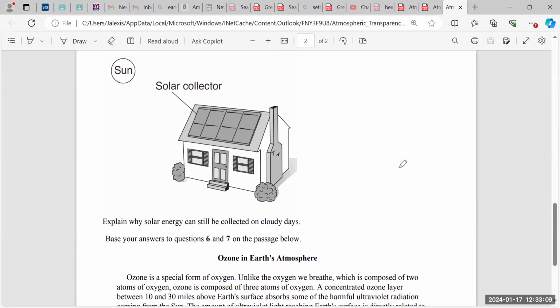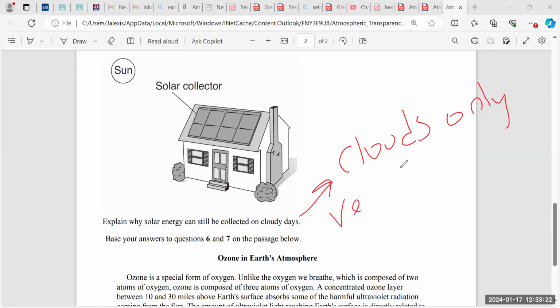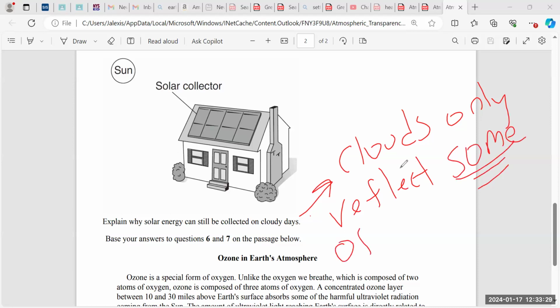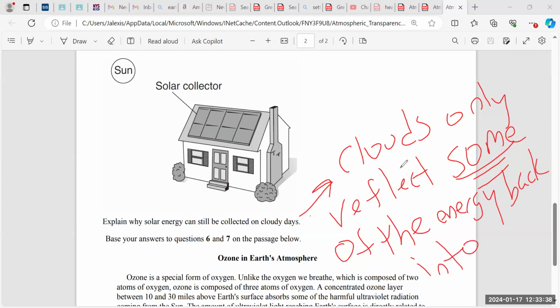And the question says, explain why solar energy can still be collected on cloudy days. All right. The reason for that is because clouds only reflect some of the energy back into space.